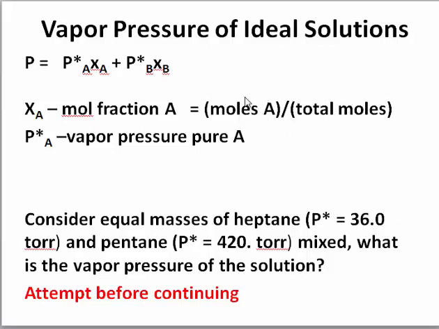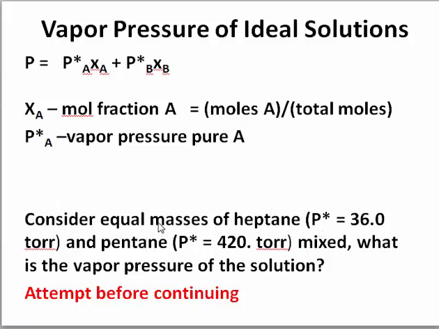So in this case, it would be equal to moles of A over moles of A plus B. P star A is the vapor pressure of pure A, which of course is a constant at a given temperature.